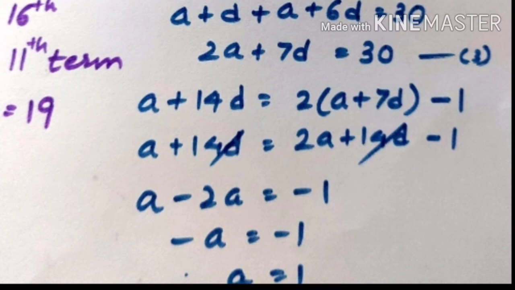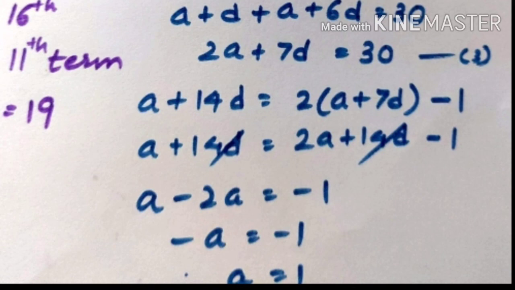Now from the second equation in the question, the left side is T15. T15 means A plus 14D is equal to, on the right side, 2 times T8. T8 means A plus 7D in the whole bracket, because 2 is multiplied with T8, minus 1. On the left side it is A plus 14D, and on the right side, by multiplying 2 into the bracket, we get 2A plus 14D minus 1.